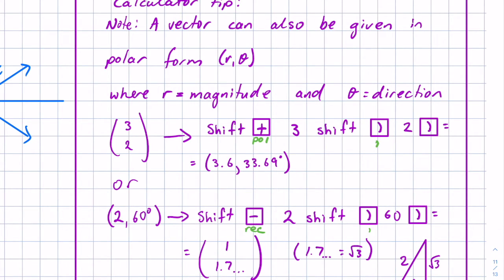So you're telling it to polarize this thing. So shift plus, then put the 3, then we need a comma, and that's a shift close bracket. Put in the 2, close your bracket, press equals. You don't actually need to close the bracket. And that's the answer you get. Now you may get lots of decimal places. You can arrow right to left to be able to read the whole thing.